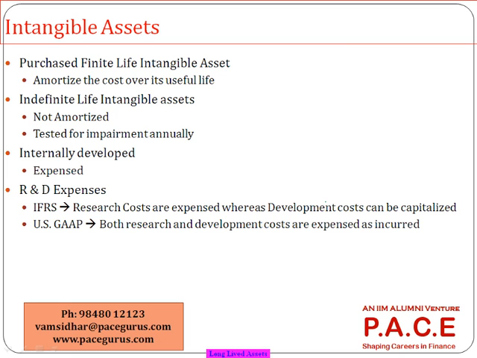Then when it comes to intangible assets, there are three major categories in intangible assets. One is the intangible assets which you have purchased and which have a finite life.